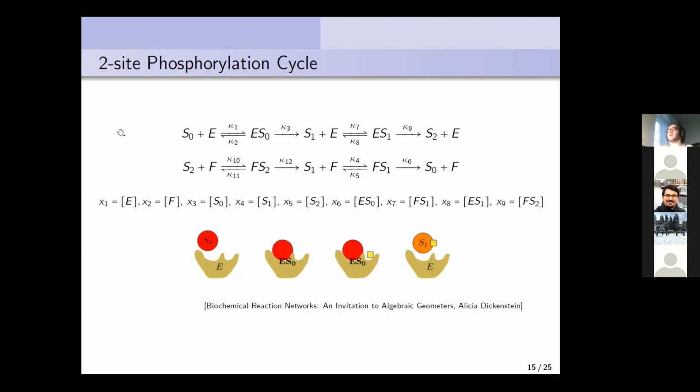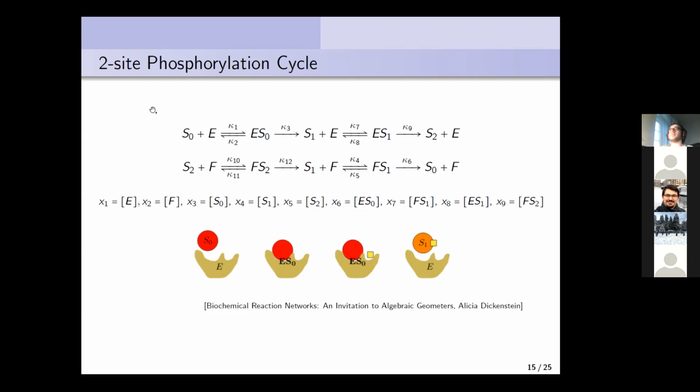So in this chemical reaction network, we have 9 species now. So we are going to work in 9-dimensional space, unlike 2 previously. And we have 12 reactions occurring in here.